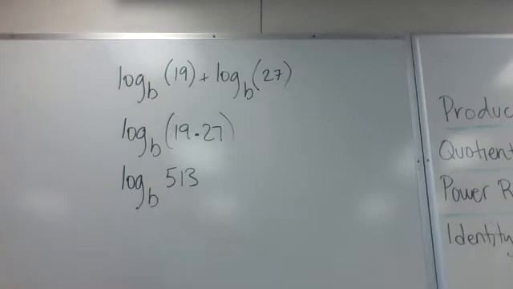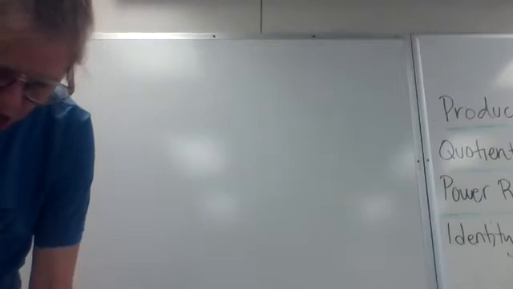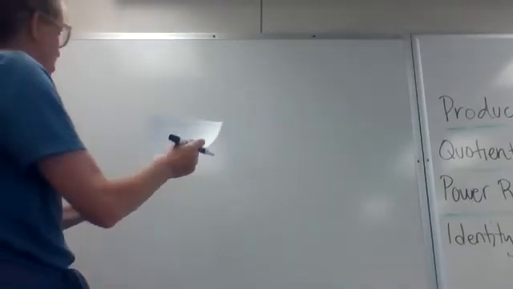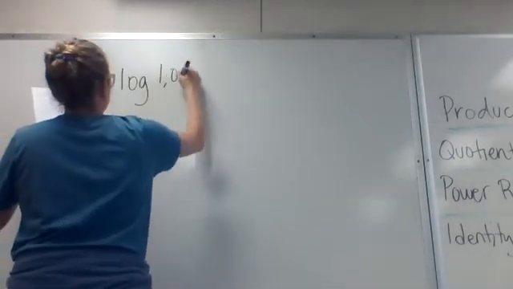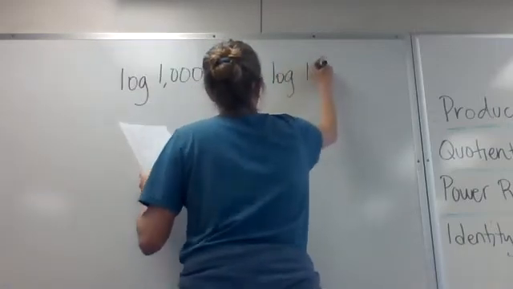That was 12. Number 13. Express as a single logarithm and, if possible, simplify it. You've got log of 1 million minus log 10.